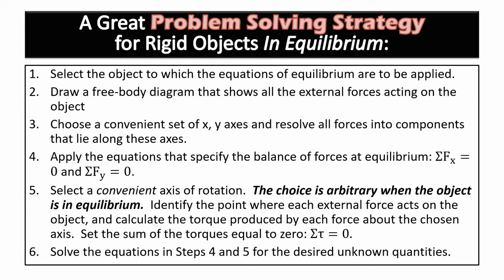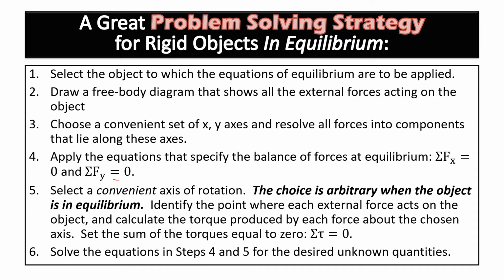So it says identify the point where each external force acts on the object and calculate the torque produced by each force about the chosen axis. Set the sum of the torques equal to 0, just like we did before with these other equations. So we're going to have 3 equations now to help solve for our unknown.